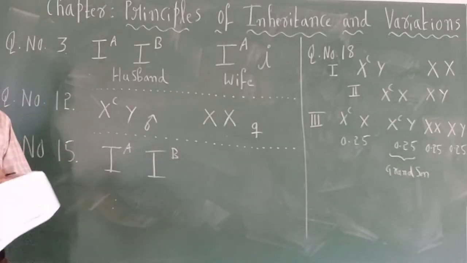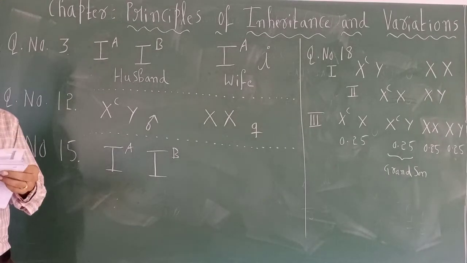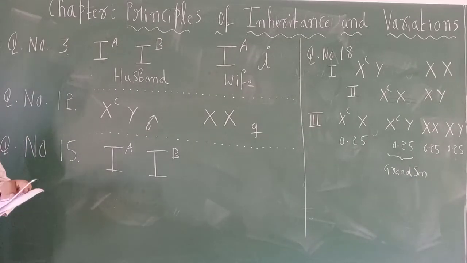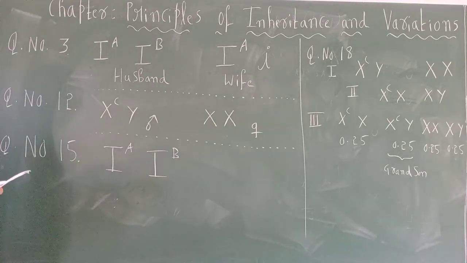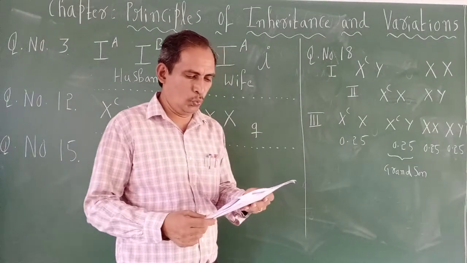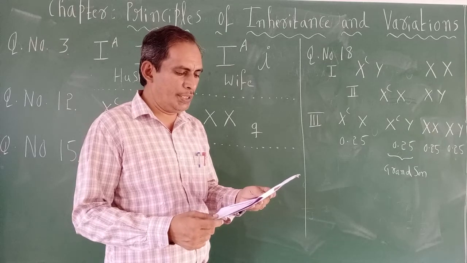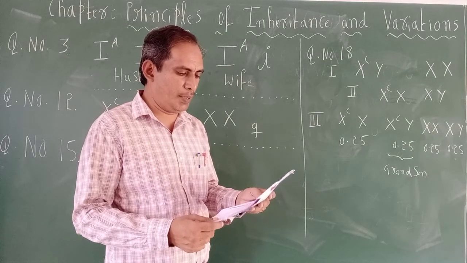Okay, let's move to the next question. That is question number 18. A colorblind man marries a woman with normal sight who has no history of colorblindness in the family. What is the probability of their grandson being colorblind?